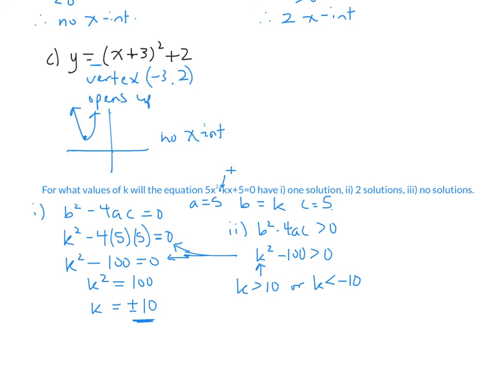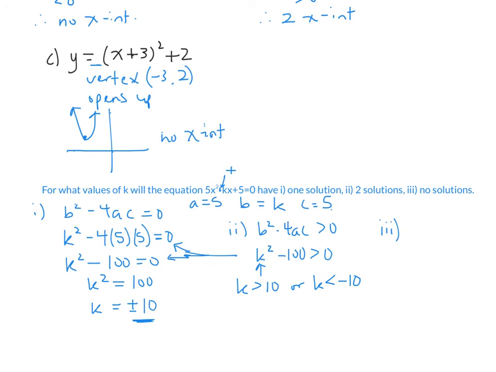Now, having said that, we've done the 2 easier parts. The harder part, although now it's easy since we've done the first 2 parts: at 10 or negative 10, we have exactly 1 solution. When we're bigger than 10 or less than negative 10, we had 2 solutions.